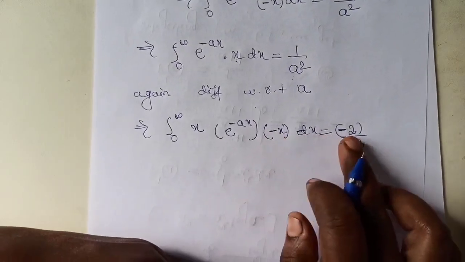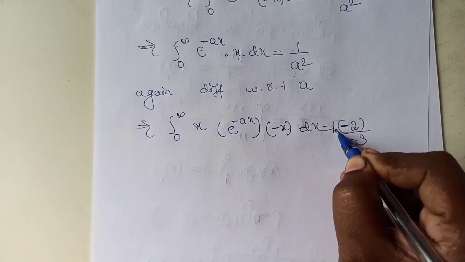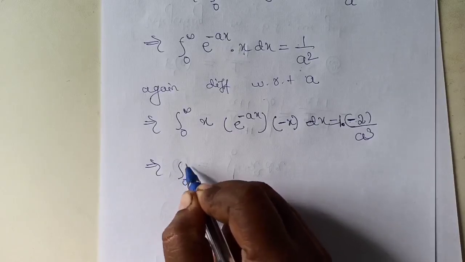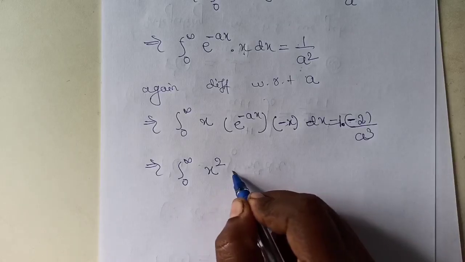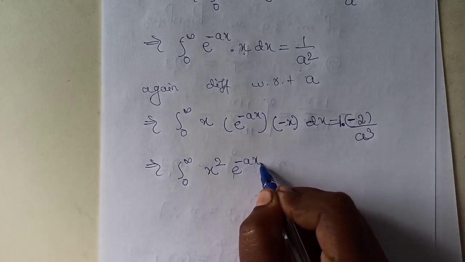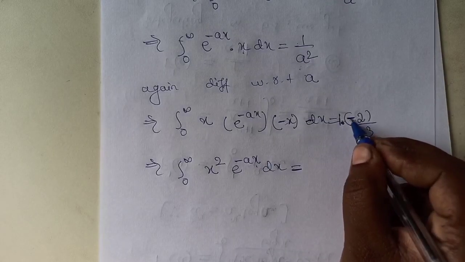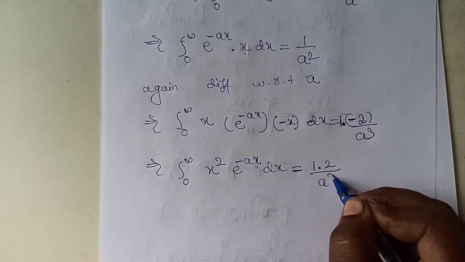Again the minus sign gets cancelled. Here we write 1 into 2. So 0 to infinity, x into x becomes x square, e raised to minus ax into dx equals 1 into 2 divided by a cube.